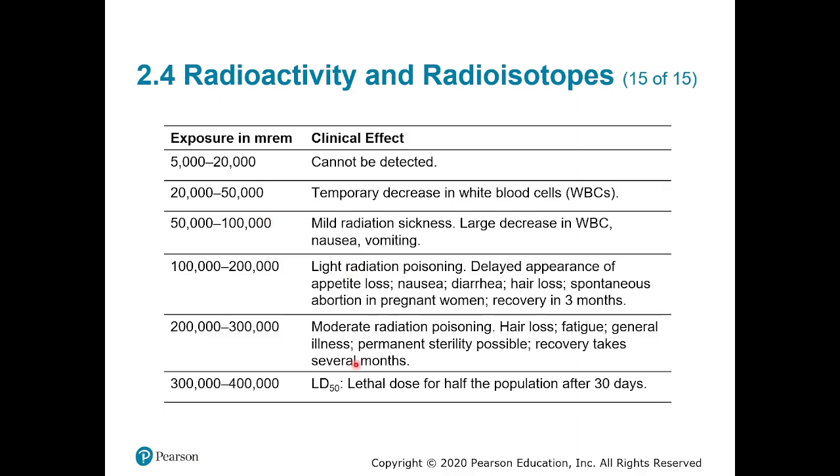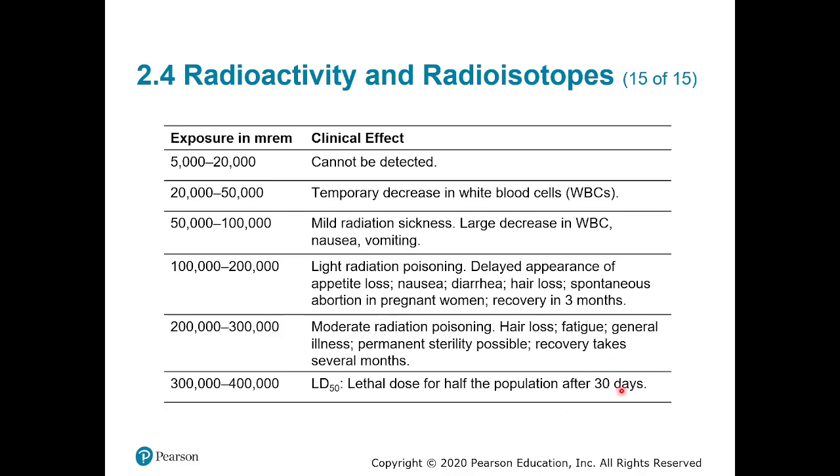Okay, 300,000 to 400,000. Does anybody know what an LD50 is? It stands for lethal dose in 50% of the population exposed. So in 50% of the people who receive this dose, they would just die, and the other 50% will survive.